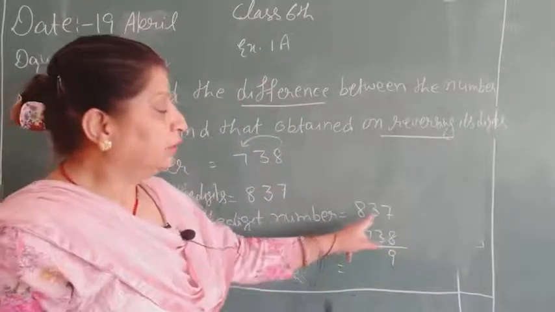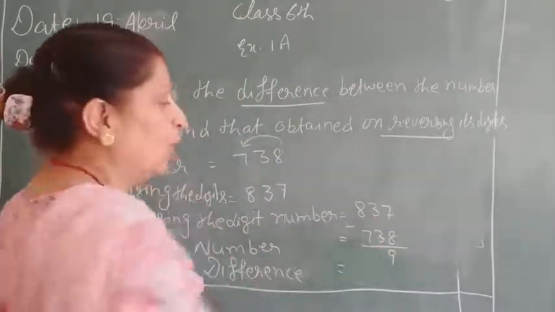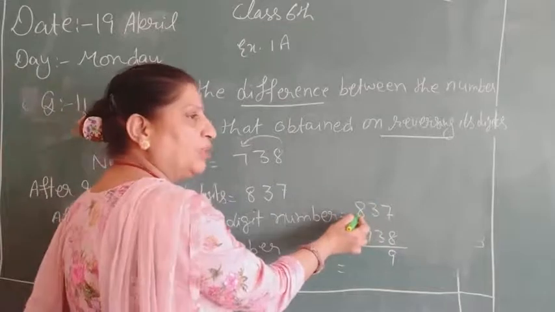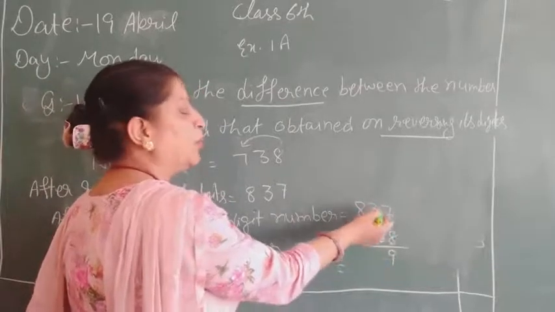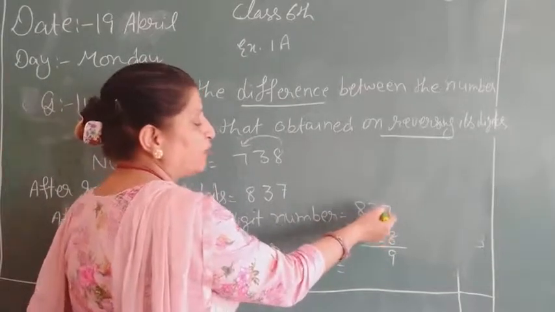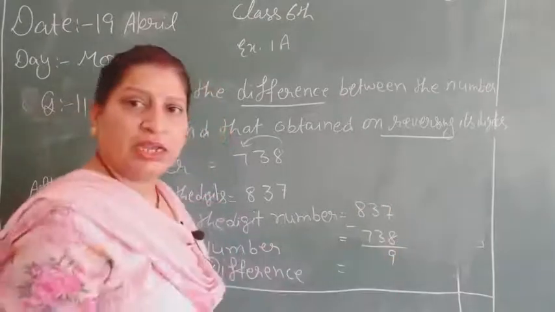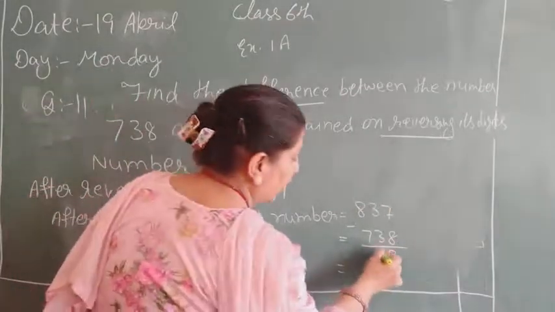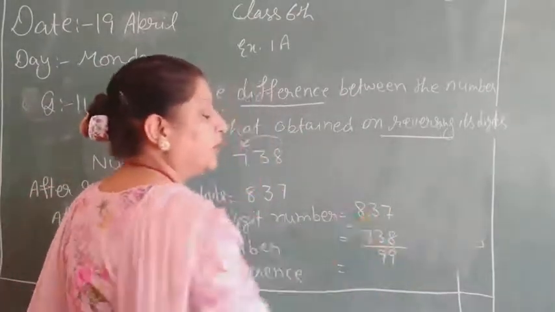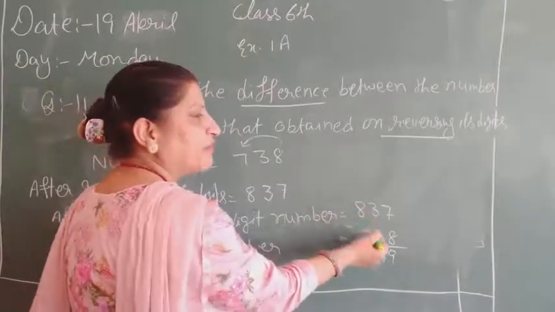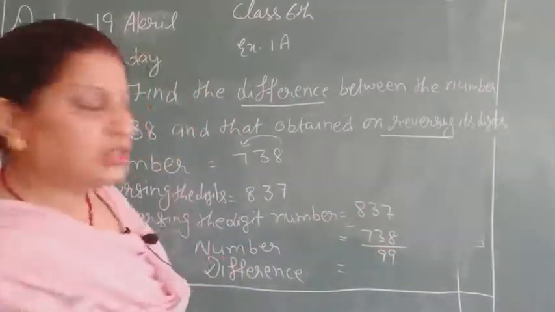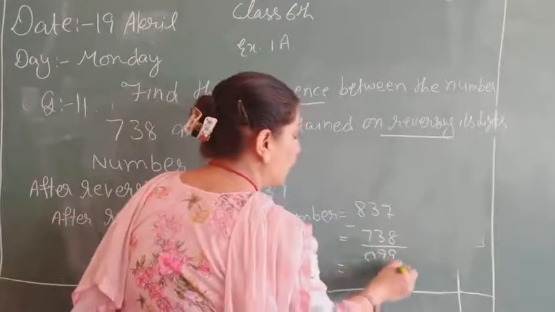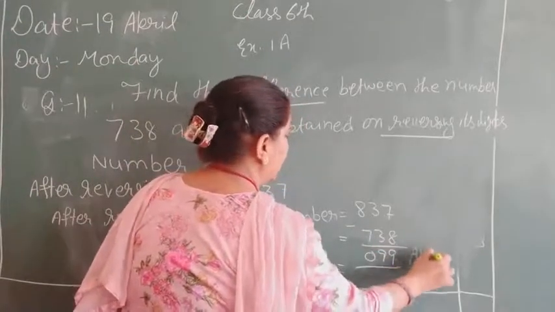Now here we have the number 2, and again we have to take a borrow, and after taking the borrow the number is 12, and from 12 when we subtract 3, we get 9. Now here the number is 7, and from 7 we subtract 7, then we get 0. So our answer is 99.